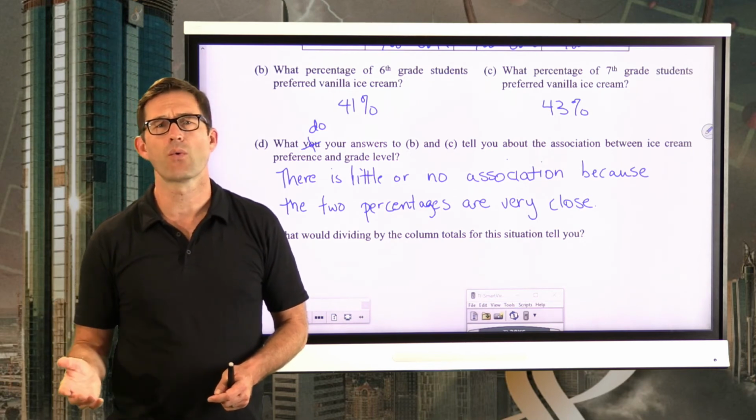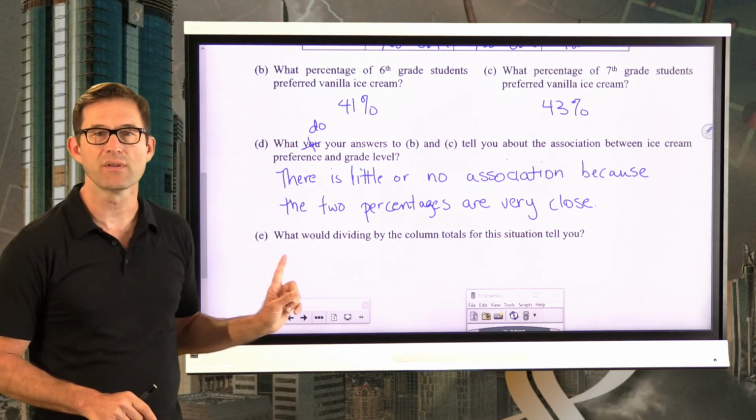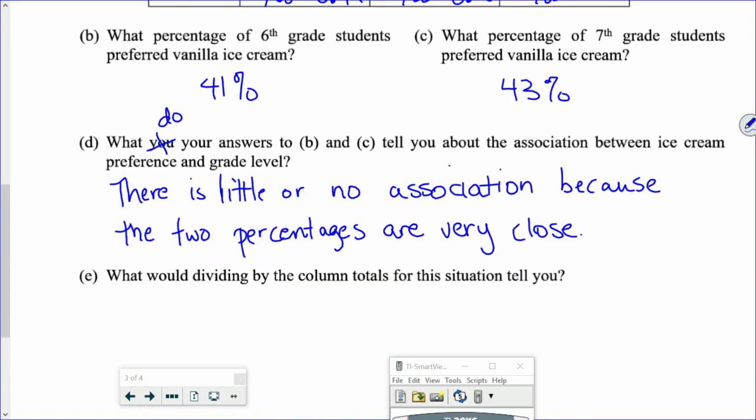But there is a question: what would have happened had we divided by the column totals? So let's take a look at letter E. What would dividing by the column totals for this situation tell you?